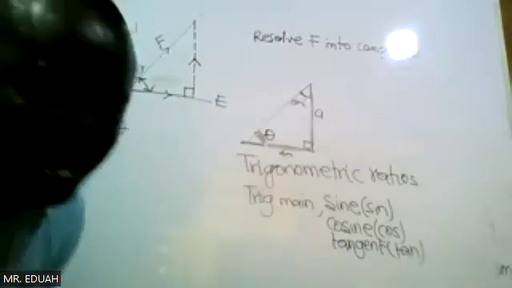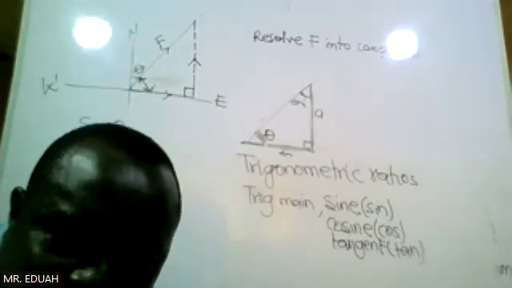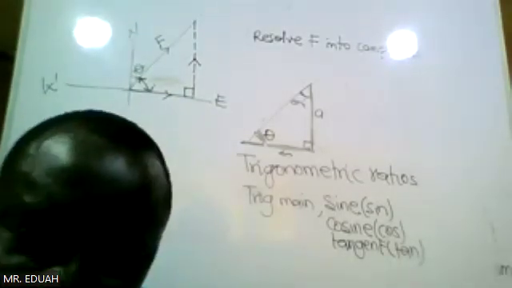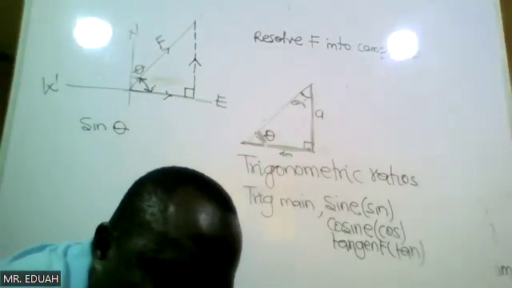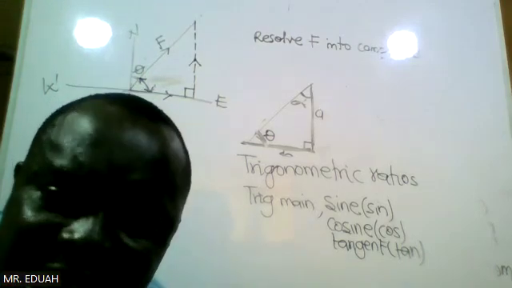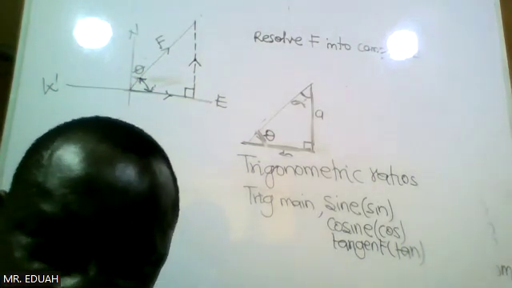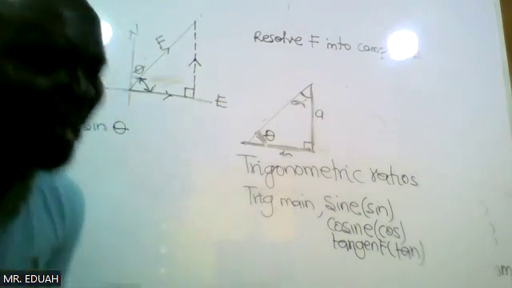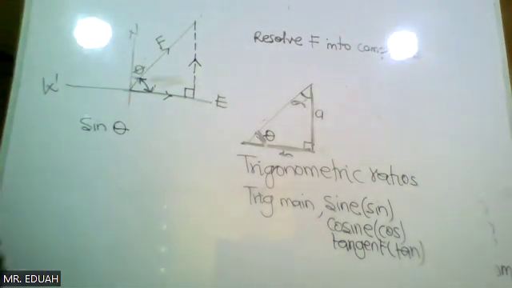So you can't just say sine. Sine what? What's the angle? Sine 30 degrees, 40 degrees, 60. So they are mentioned with angles, not just sine. Okay, so sine theta.